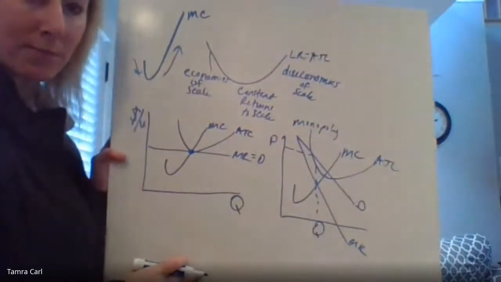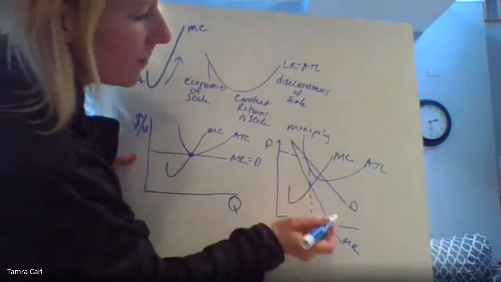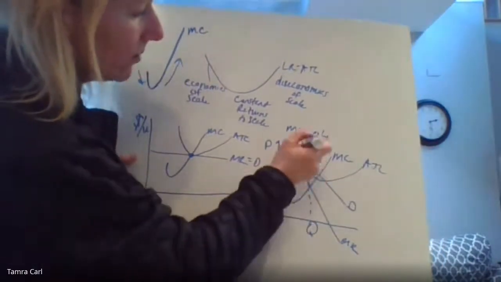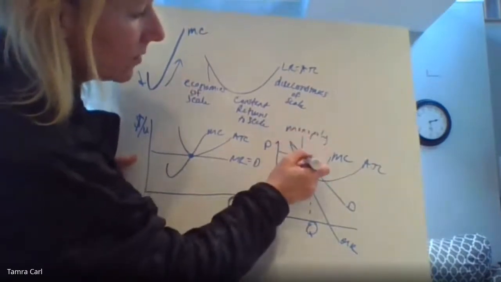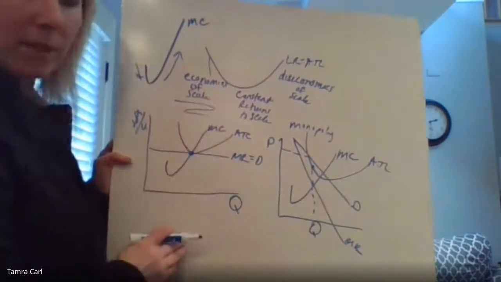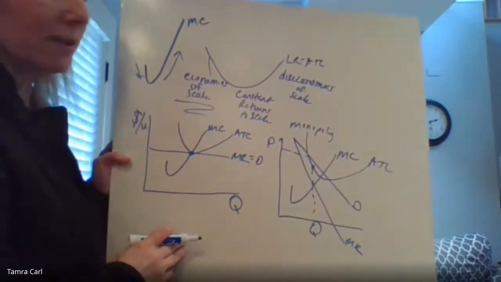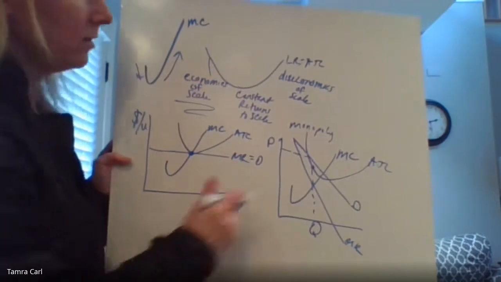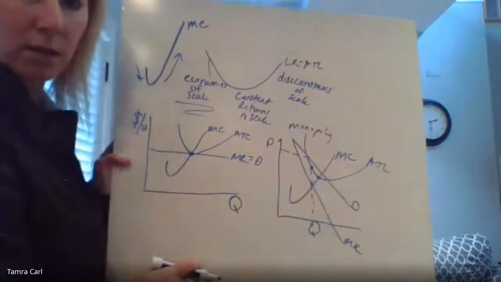And how can I explain that? Well, the firm is operating right here on the downward part of the ATC curve. And so they would be having economies of scale because they're to the left of the minimum long run ATC, which is right here.